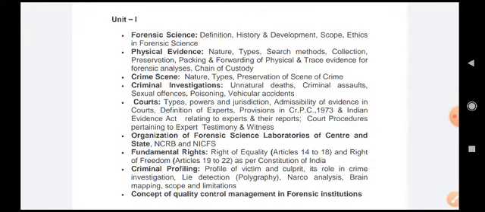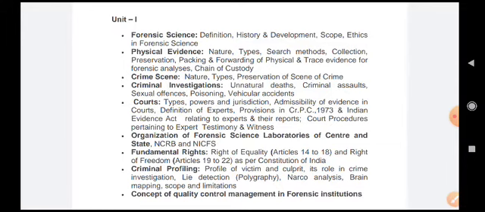Unit 1 is on General Forensic Science. Here the various aspects of forensic science like the history and development, scope, the different ethics related to the field, the types of physical evidences, the different search methods and collection methods of the evidences, along with the preservation techniques, that is, how the evidences will be preserved, like it is different for blood or saliva or fingerprint.